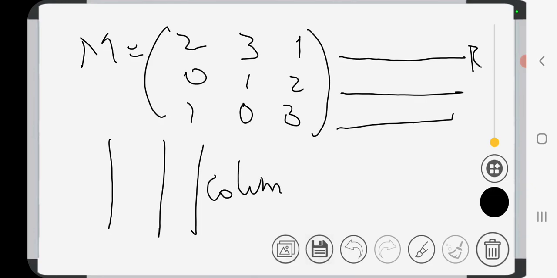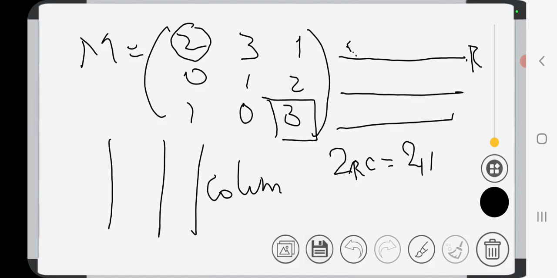So, for instance, let me take this particular entry. We know that this entry is in row 1. That 2 is in row 1 and column 1. So I will write it as 2 in row 1, column 1, which can be written as 2, 1, 1. If I take this particular entry here, you know the entry is in row 3, column 3.